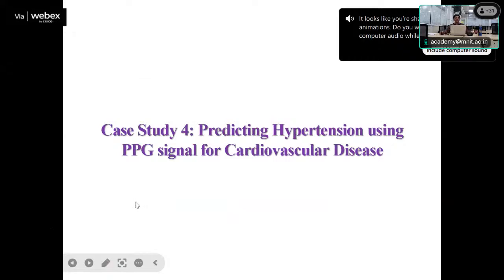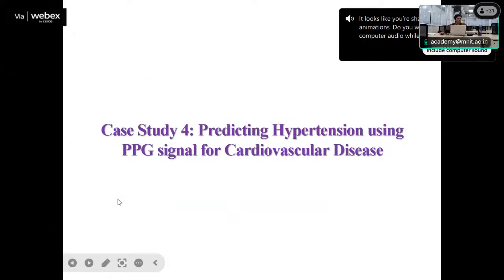Now the final case study that we want to cover right now is hypertension. Elevated blood pressure has a correlation with cardiovascular disease. So for those who have heart problems, the main problem is basically your blood pressure, which is nothing but hypertension.